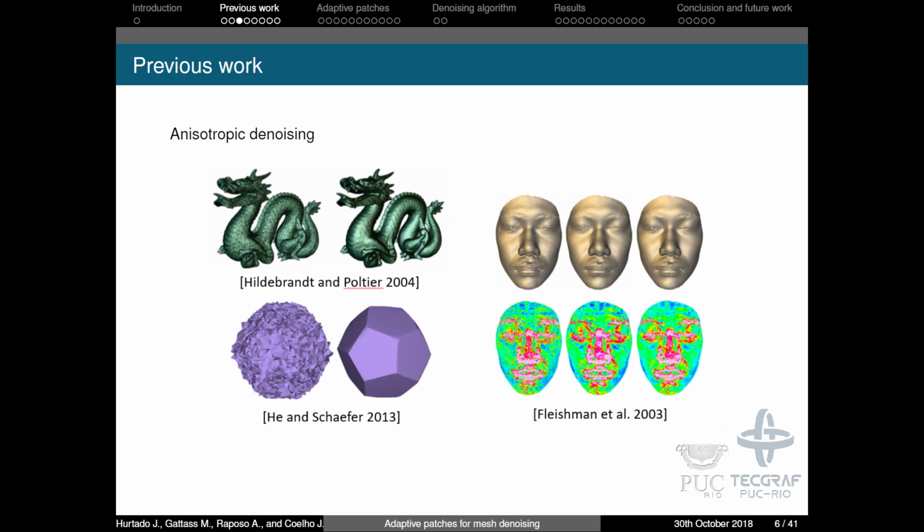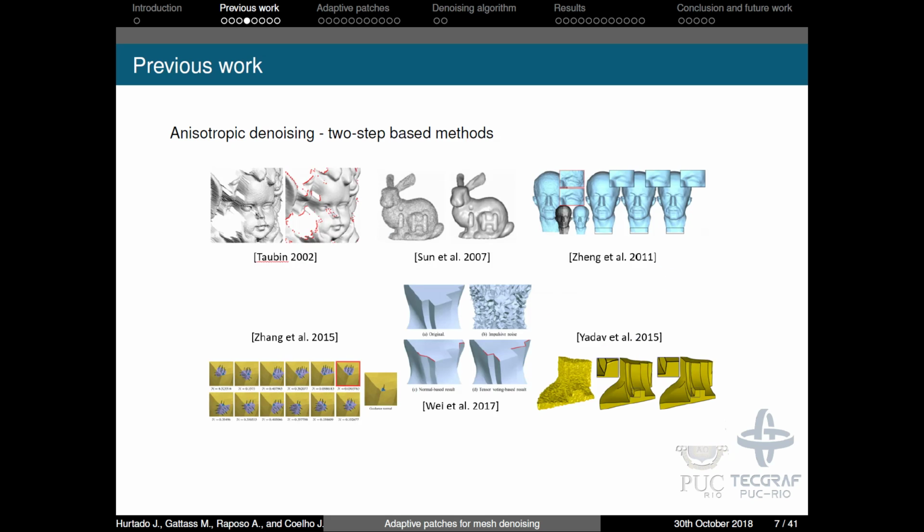Several methods try to reach anisotropy by extending this operator or proposing different filters, but we are interested in two-step based methods where the first step is related to filtering the normal field and then updating vertex positions to fit the faces to the corresponding new normal field.